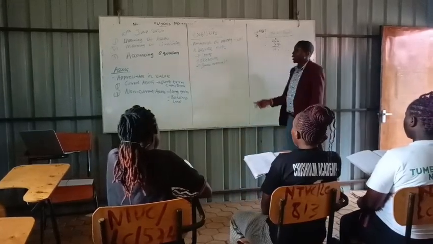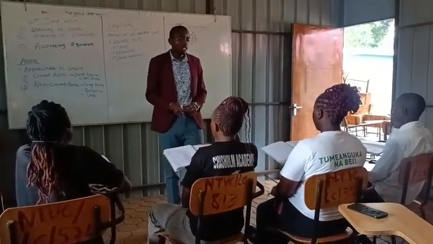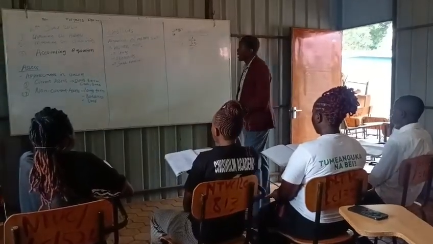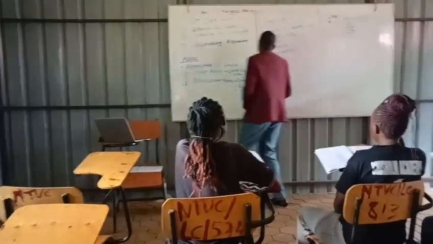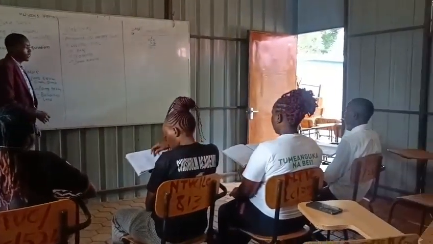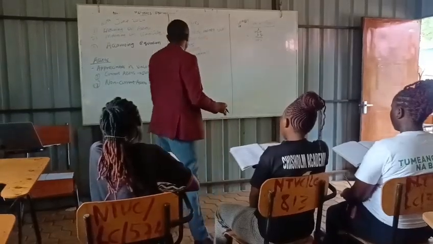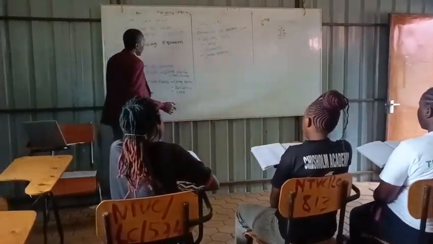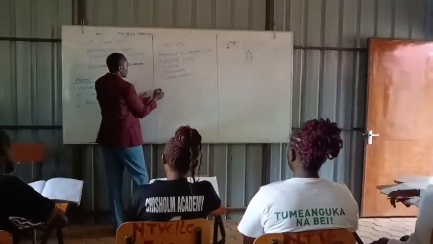Now, upon understanding what are assets and what are liabilities, and the key examples, we have the accounting equation. So, in accounting, we base our liabilities and the capital using an equation, the accounting equation.